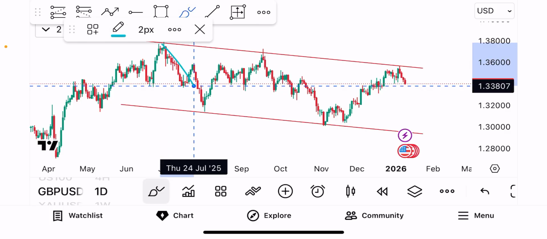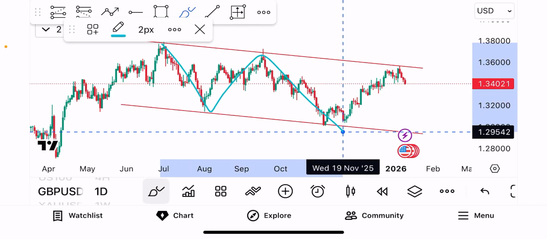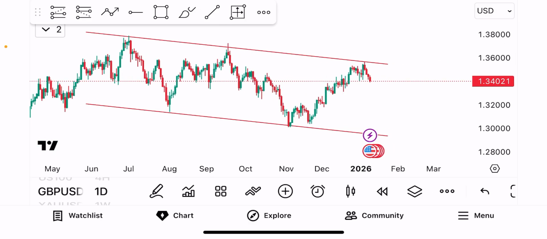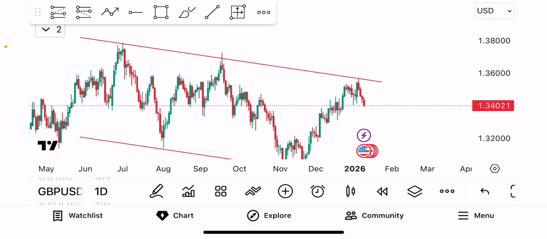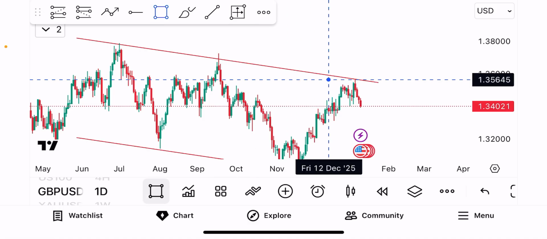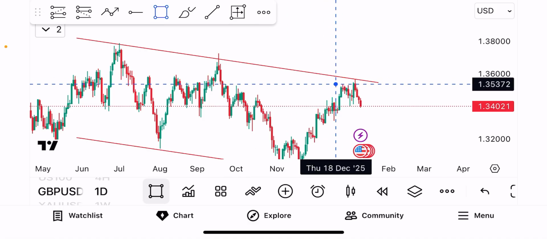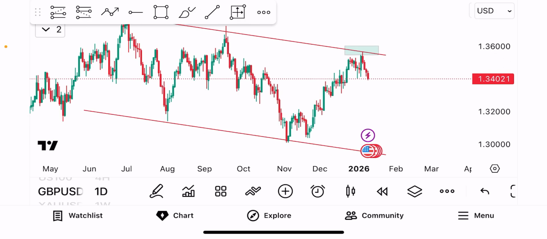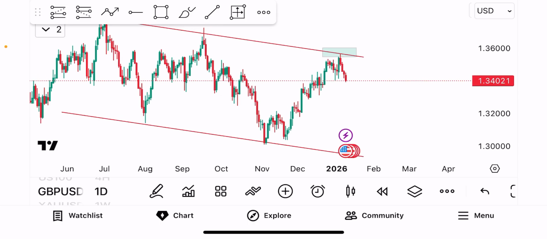So we see low, lower high, lower low, lower high. So it is moving inside of this channel, and we recently saw price reacting at the resistance level of this channel here, but we are yet to see it drop significantly. So we don't know yet if price is going to break above the daily resistance of that channel.